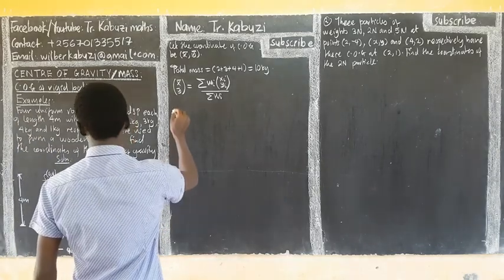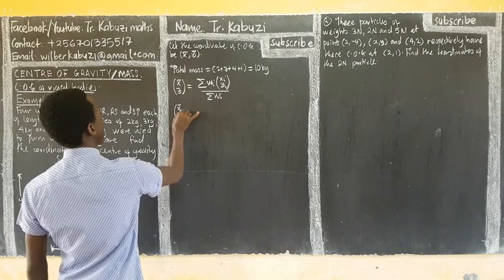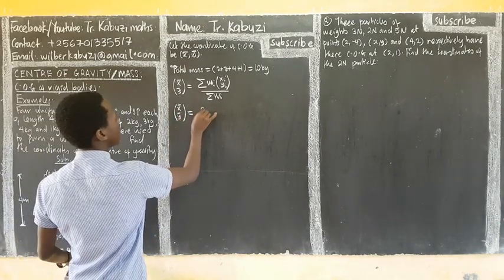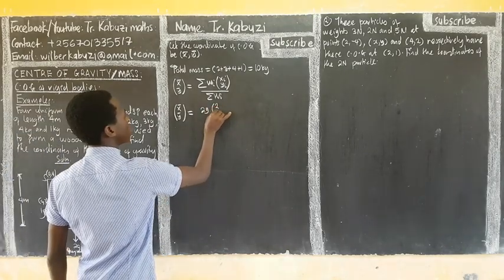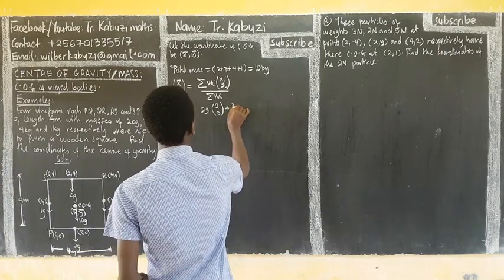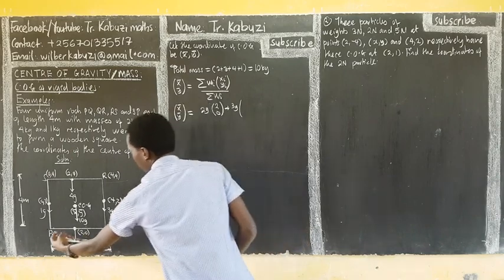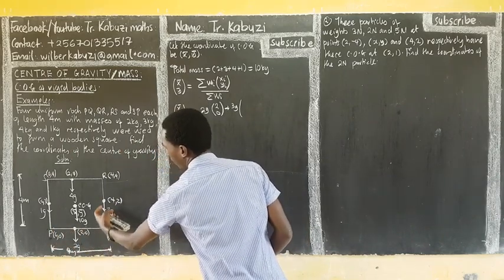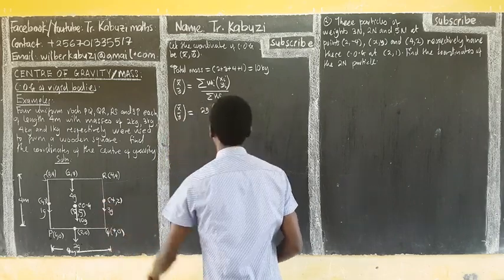So now my x bar, y bar is going to be, our first weight 2g times the coordinate 2, 0, plus our second weight 3g times the coordinate 4, 2, because from here up to here is 4, but this is in the middle because these are uniform rods.